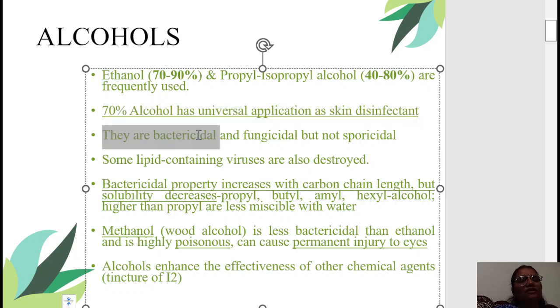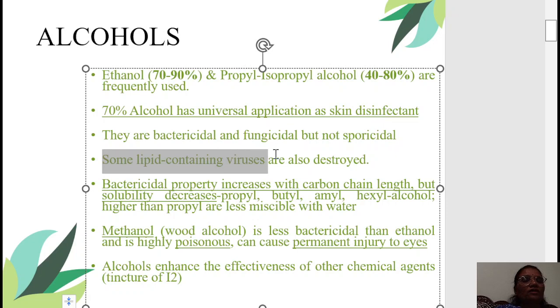They are bactericidal and fungicidal. Both the alcohols are bactericidal and fungicidal but are not sporicidal. They are also able to destroy some lipid-containing viruses, that is, enveloped viruses.